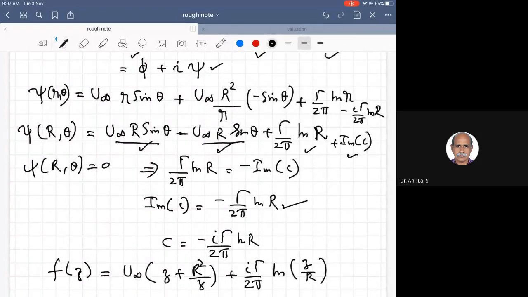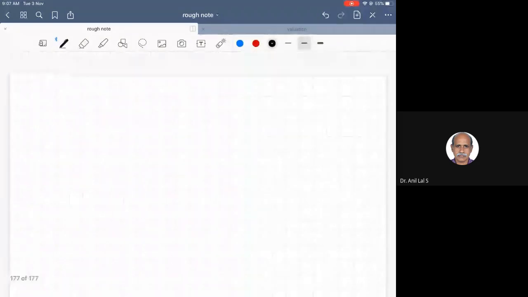At the same time, the streamline with stream function value equal to 0 corresponds to the cylinder. So that's all.